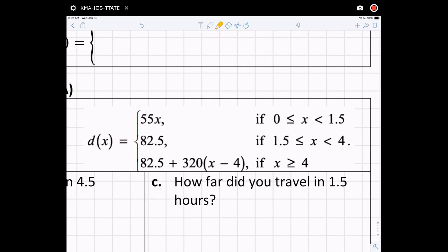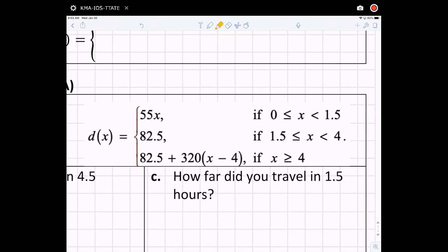How does anybody know how to read that off if we're talking about miles, like what if I go 2 miles? Which one am I supposed to use? I have 3 equations, but I don't use all 3 equations. I only use a particular equation given the number that I start with.